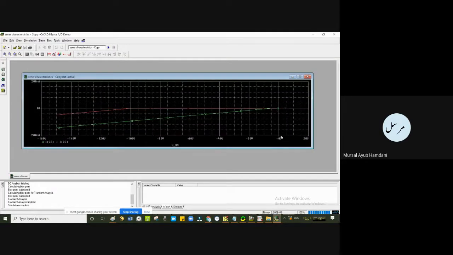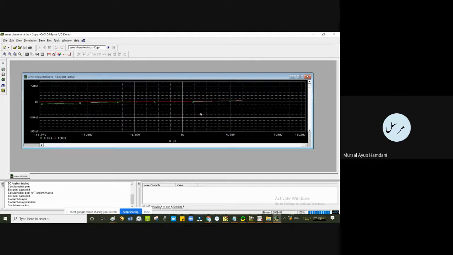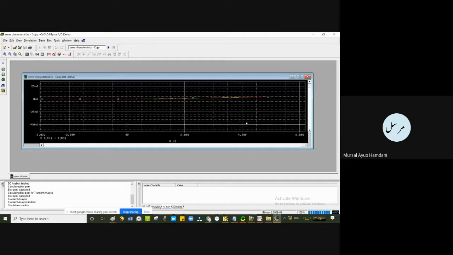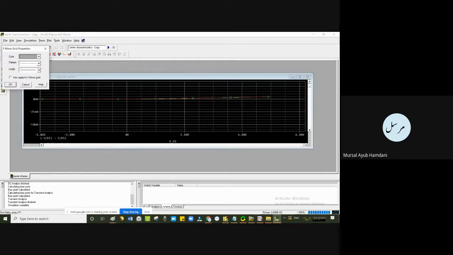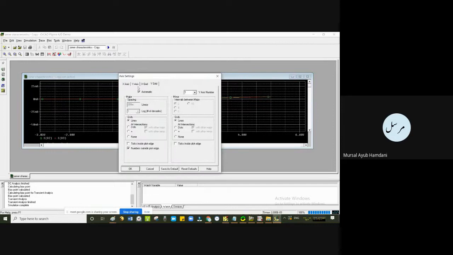So now let us first see the forward bias, whether it comes to be the same or not. Okay. This is the forward bias. Again, I remove this X grid, Y grid.